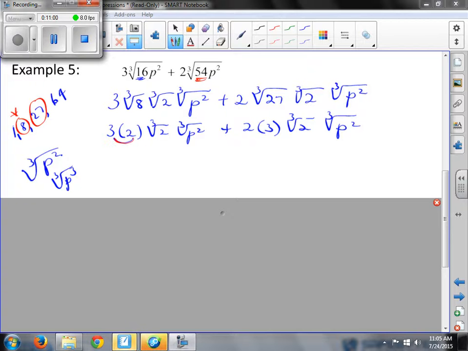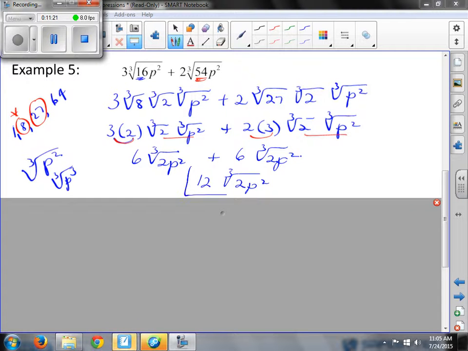These go together, these go together. So we have 6 cube roots of 2p squared plus another 6 cube roots of 2p squared, which would give us 12 cube roots of 2p squared. Final answer there.